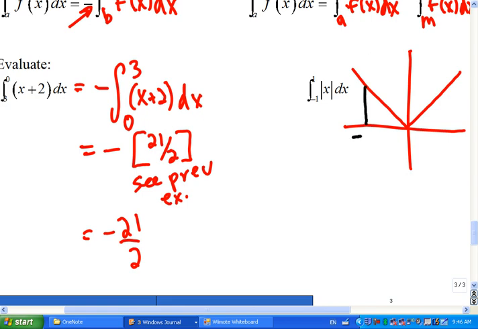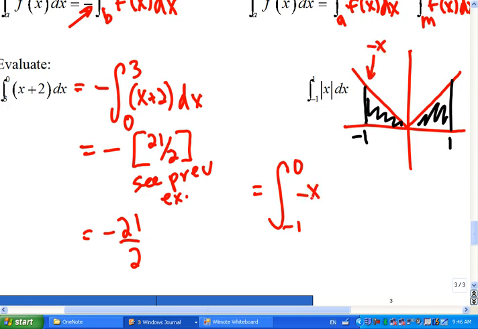If I wanted to know the area from negative 1 to 1, it's probably more convenient for me to write this as the integral from negative 1 to 0, and if I look at this piece here, that piece is negative x, plus the integral from 0 to 1 of this piece, which is x. And now I've been able to break it up as a piecewise graph so that I don't have to do it all with absolute values.